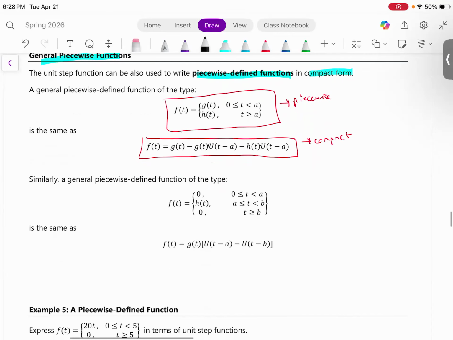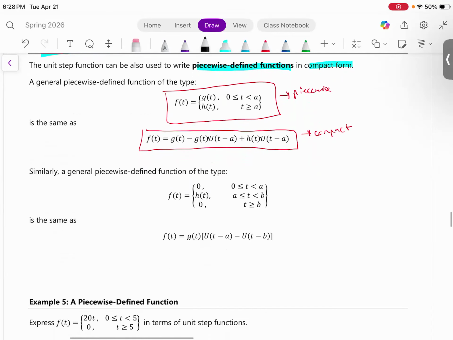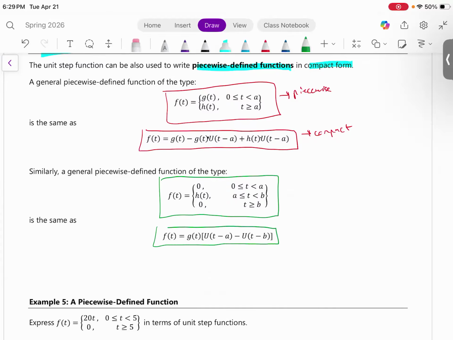We can even do that with a more specific piecewise function like we have here, where there are three pieces, but two of them are zero. We can compact that into this formula: f of t equals g of t times the quantity u of t minus a minus u of t minus b.